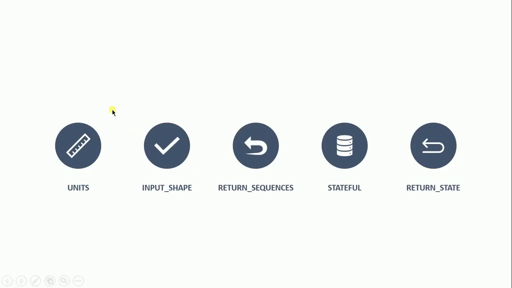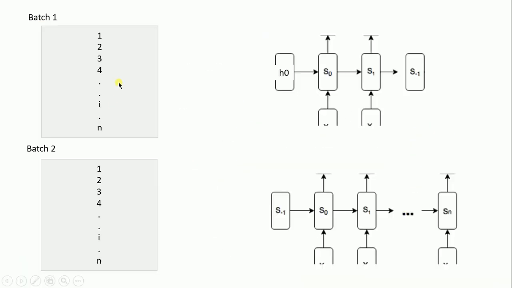So if we go to our slide, I will describe this with a diagram. If we have two batches like this, and inside one batch we have several samples, let's take one ith sample. When it goes to this LSTM layer with stateful equals true, it will memorize the last cell state of that batch.